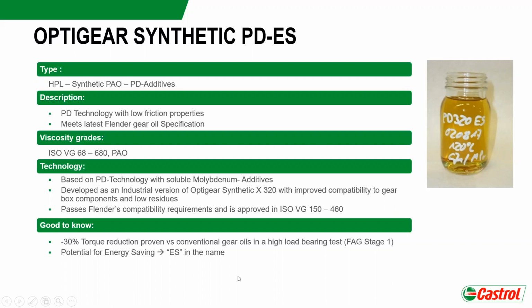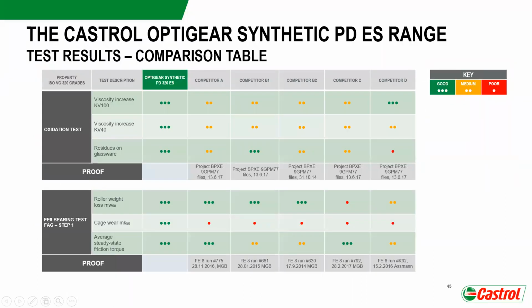So on the next slide, we have a lot more properties on synthetic PDES, but really just pulling out two of them here. So oxidation, which has to be good to justify the use of a synthetic. In this, we check the viscosity change, any residues formed, checking both the base fluid and if the additive system itself can protect the base fluid and withstand any high temperatures.